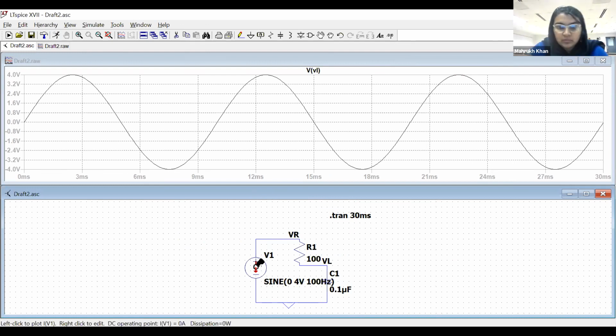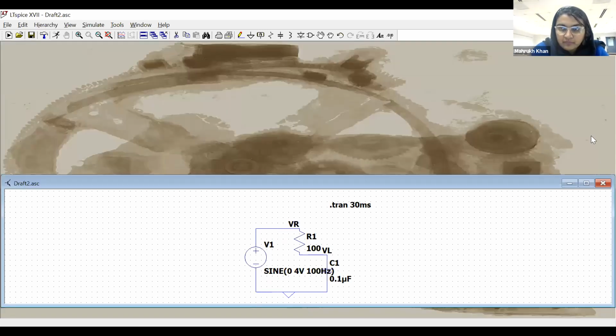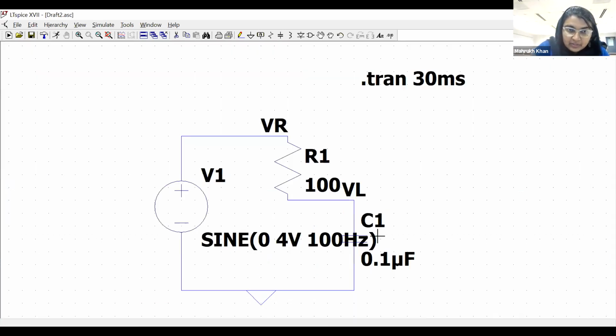So I should change. And do you understand that when we connected an inductor in the circuit, our voltage reduced, but when we connected a capacitor in the circuit, our voltage increased, right? So it also deals with the impedance of both of them.